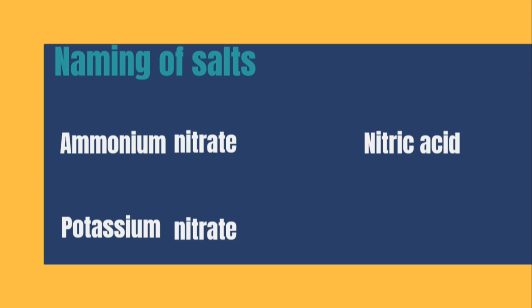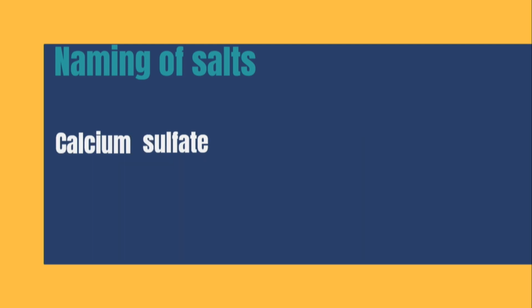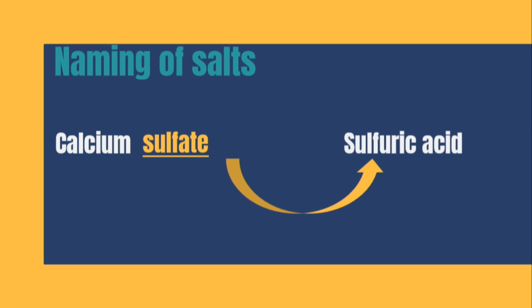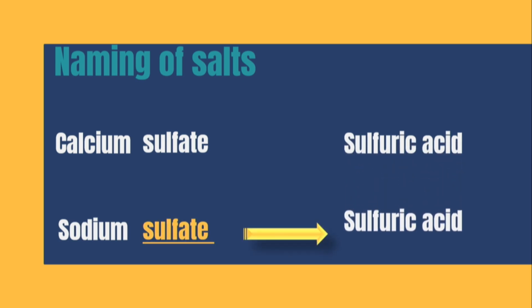Another example is potassium nitrate, which can also be obtained from nitric acid. Now, let's have a look at calcium sulfate. The word sulfate indicates that calcium sulfate can be obtained from sulfuric acid. Sodium sulfate is another salt which can be obtained from sulfuric acid.